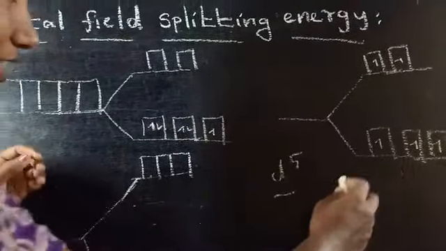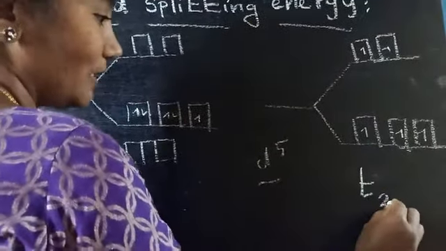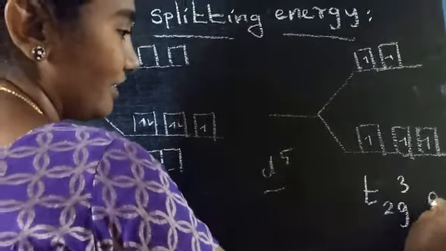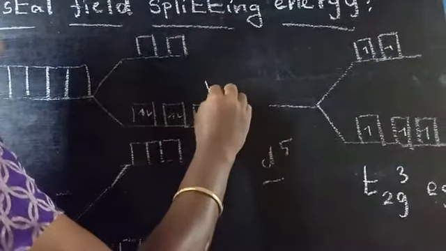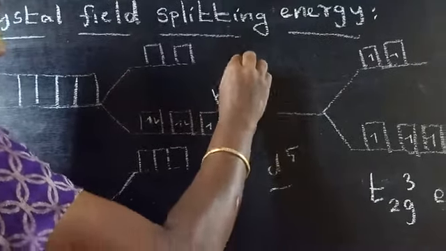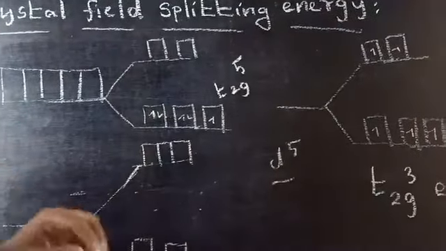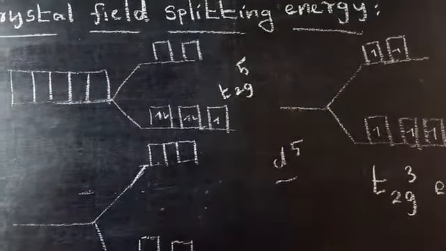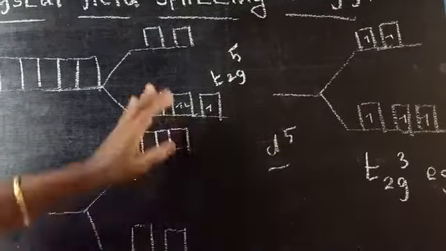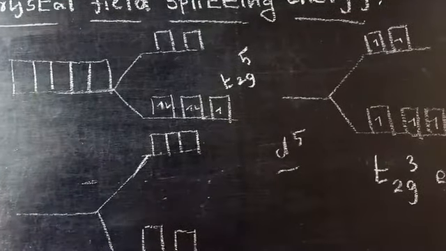That means here t2g 3, eg 2. This one t2g 5 electrons. Okay, so this way we fill the electrons, this one is for high spin complexes. This one is for low spin complexes.